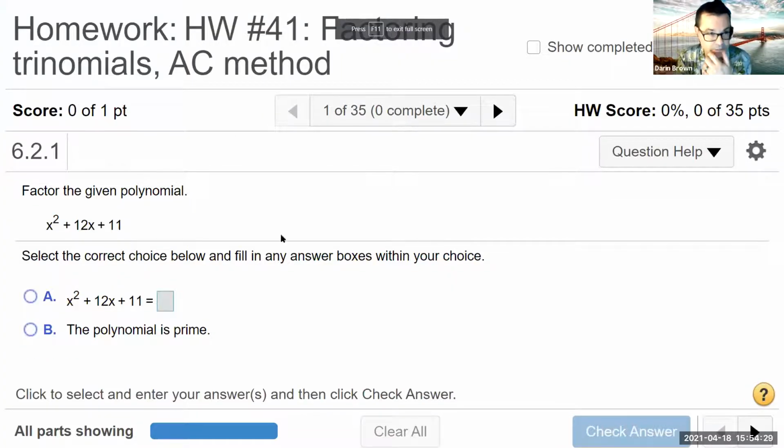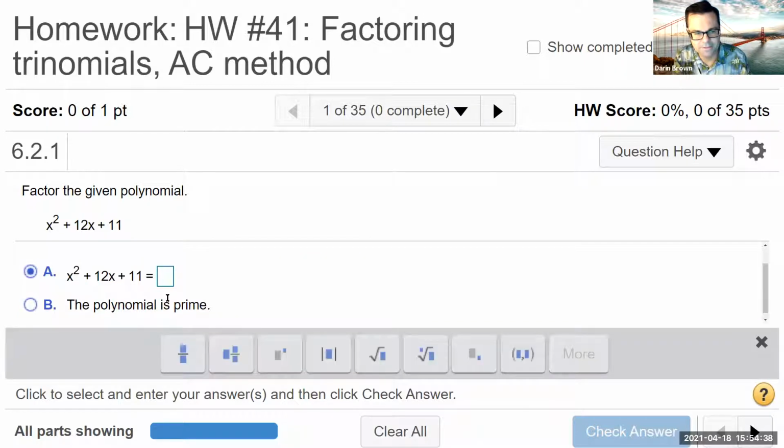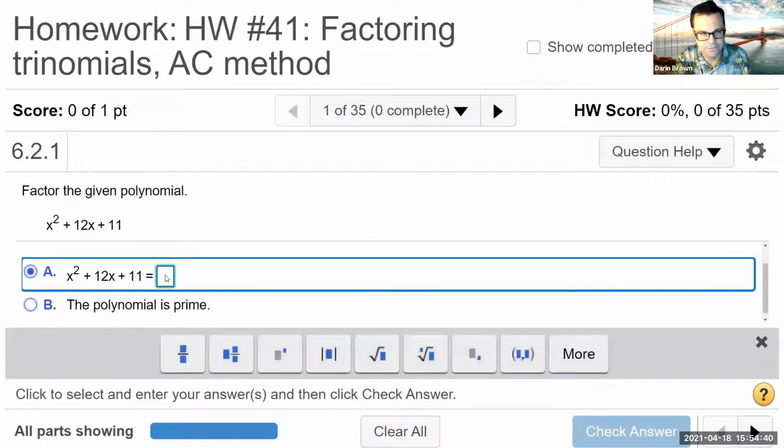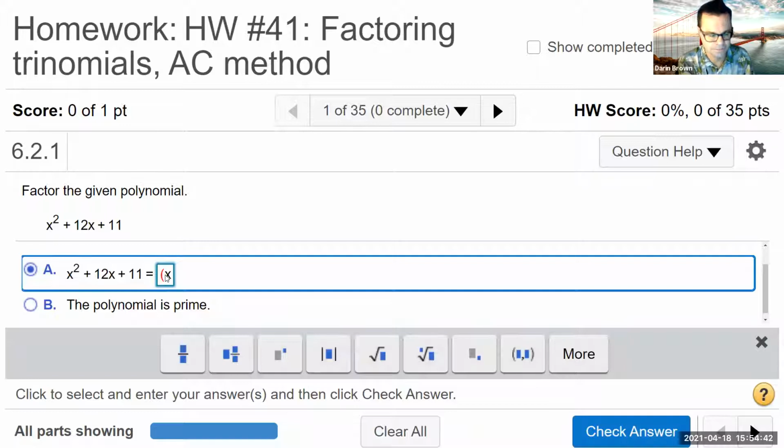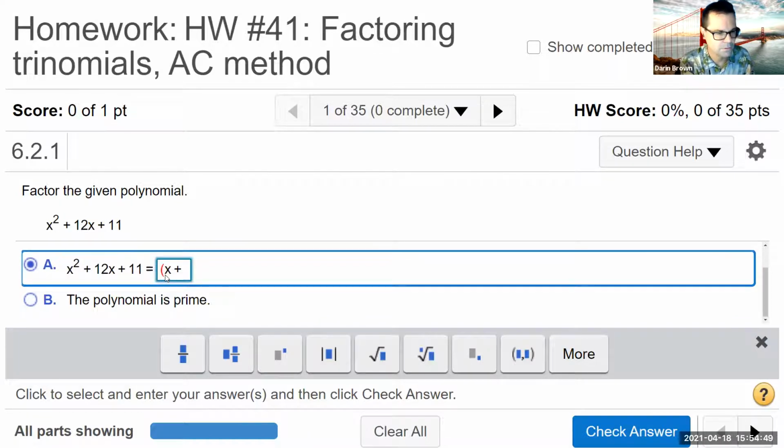All right, so x squared plus 12x plus 11. Plus, plus. So if they're both positive, I know I'm looking at a pattern of both positive in the factorization: x plus something, x plus something. 11 is prime, so there's only one way this could work.